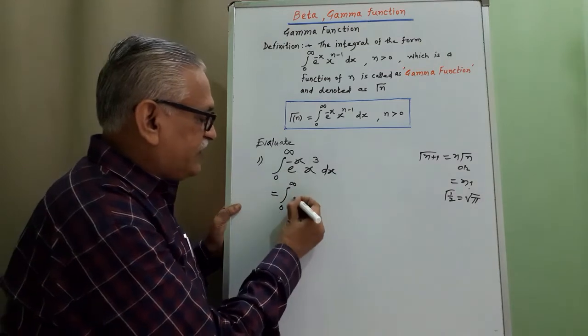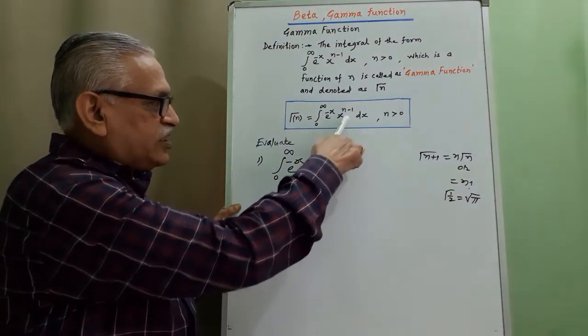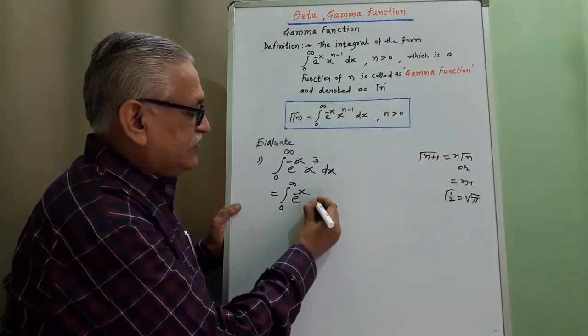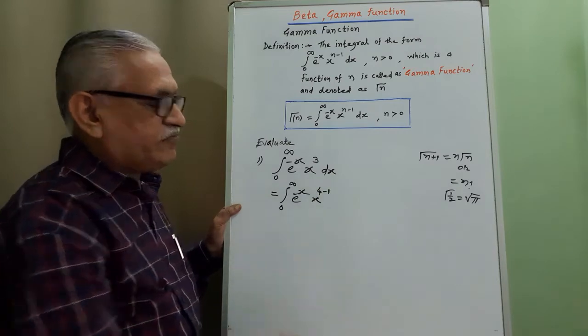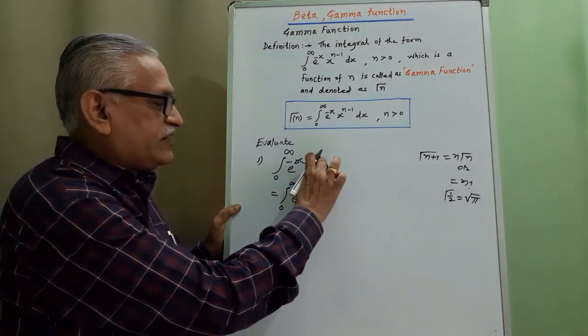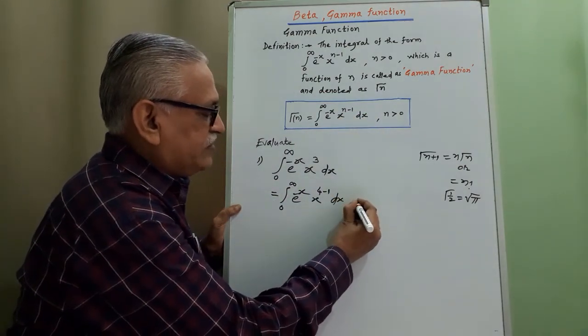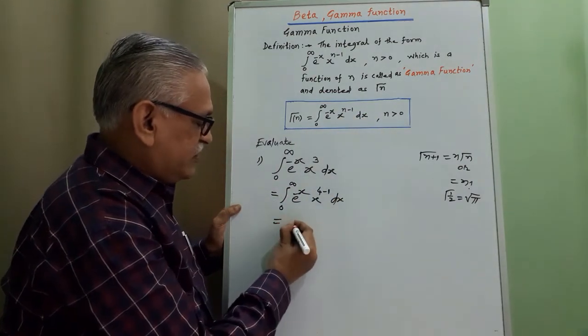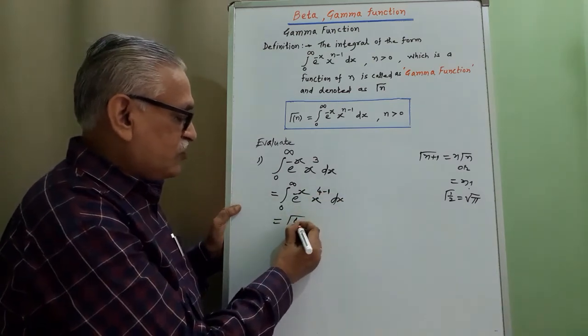We have the term e raised to minus x, we keep that as it is, and this x raised to 3 we write in the form of n minus 1, therefore we can write it as 4 minus 1, x raised to 3, and then as per definition its value is Gamma n, and here n is 4.